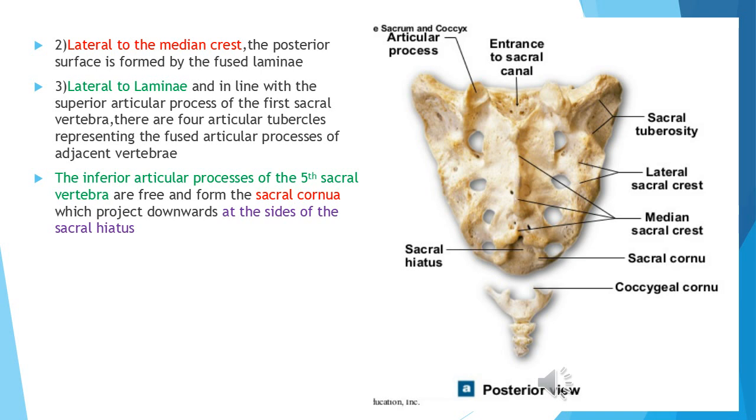What you can see in the midline is in line with the spinous process of the first sacral vertebra. The fusion is there, forming the median sacral crest, and further lateral to the spine there will be the lamina of the vertebra. Lateral to the median crest, the posterior surface of the sacrum is formed by the fusion of the laminae. Then further lateral to the laminae, what you can see is the articular process.